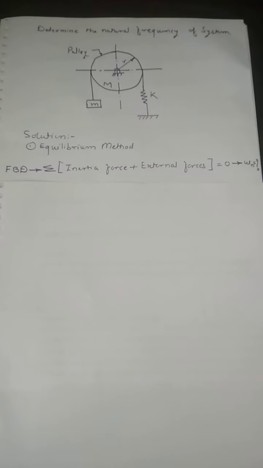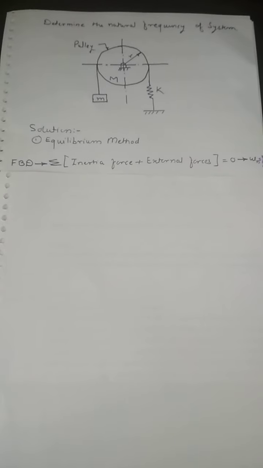After that we rearrange this equation and compare it with the fundamental equation of SHM, and then we determine the omega n of the system. Here we will first understand what kind of vibration mode will occur, and then go for its proper analysis.